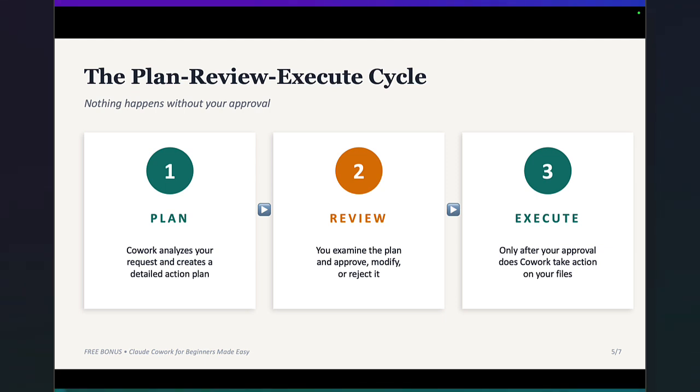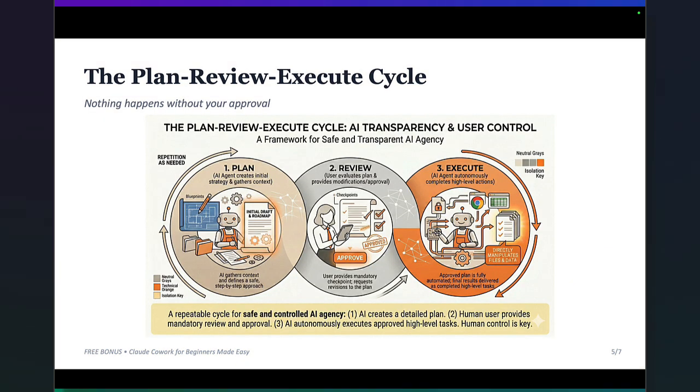That also means you need to think iteratively. Give it a task, let it give you a plan, and review the plan until you like it. Only then do you approve it, and then it's going to act on the plan, and you will get the result that you want. Here's a better visualization of it.